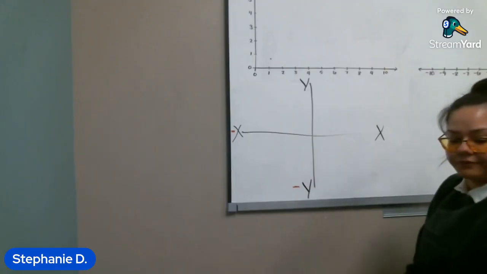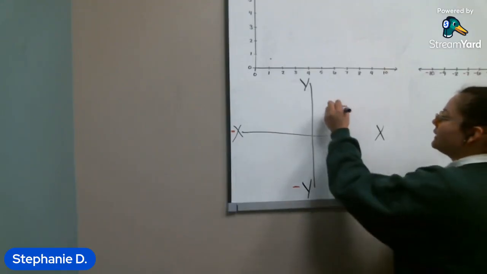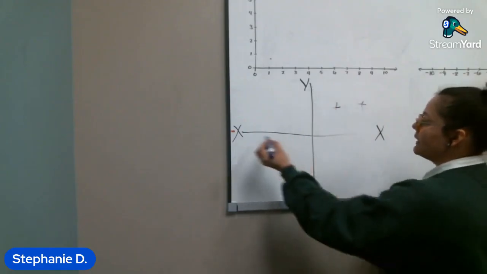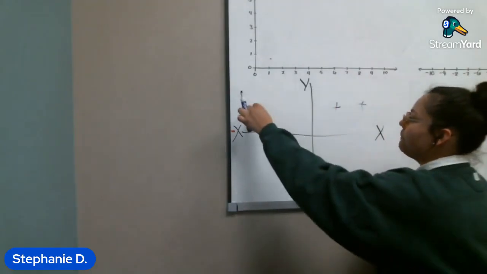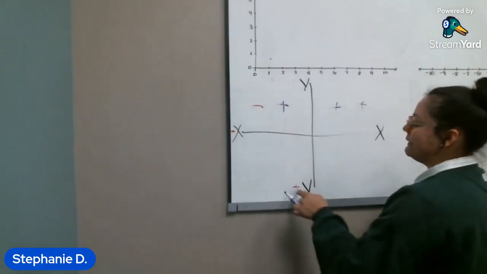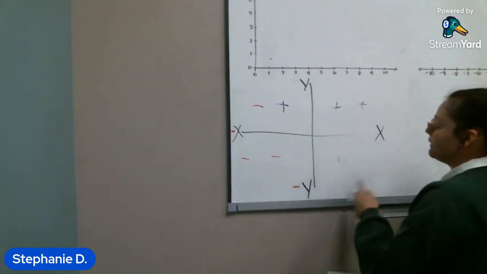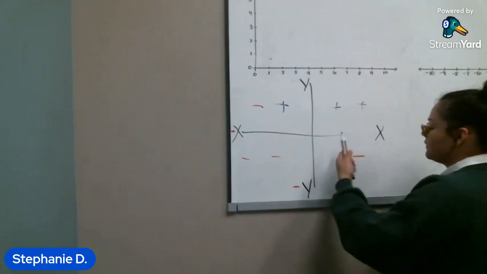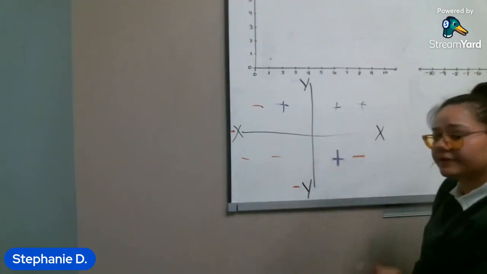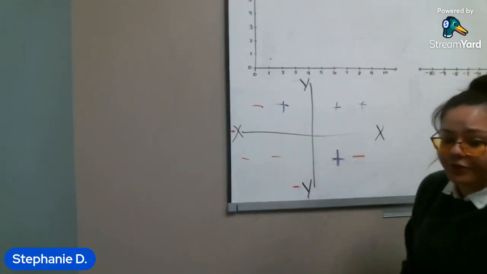As you already know, positive, positive; negative, positive; negative, negative; and positive, negative. Got to remember that whenever we're looking at slope.